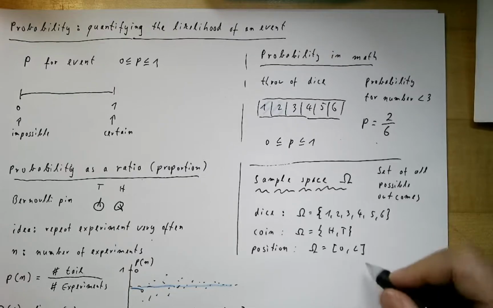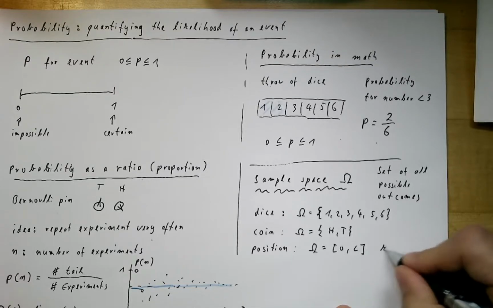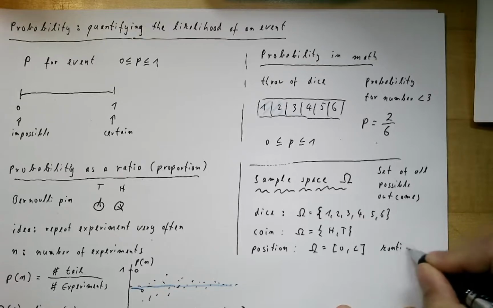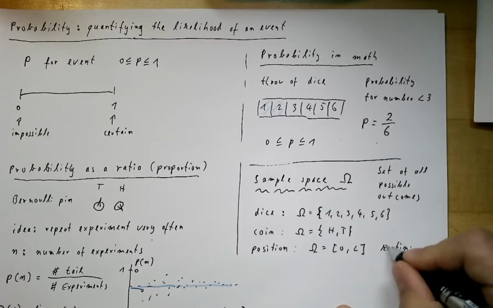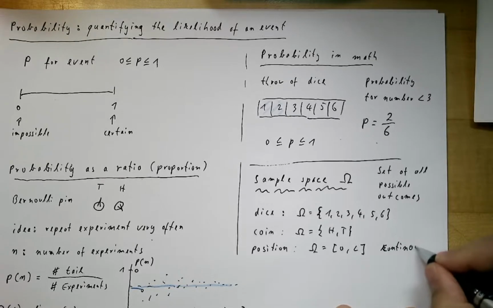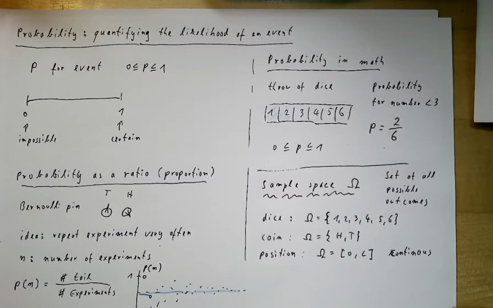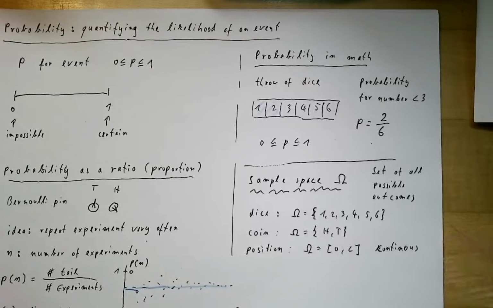So it could be continuous. So in order to define probabilities, we have to deal with sets and set theory, and there's always the distinction: do we have discrete sets or continuous sets?